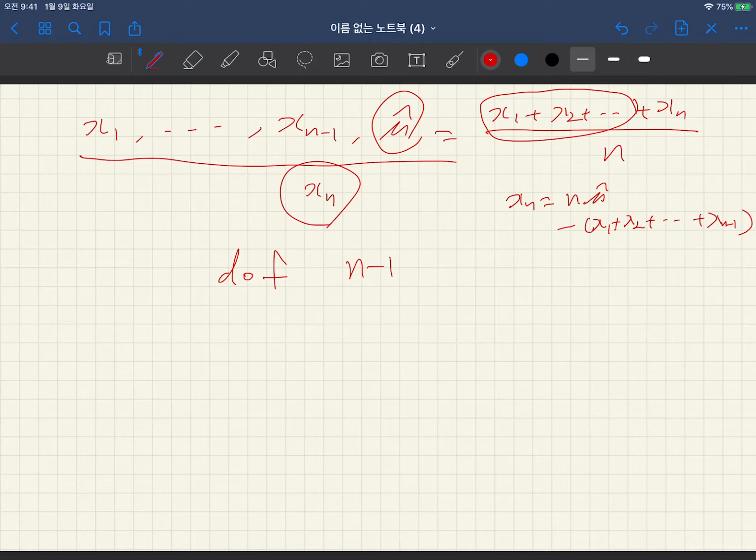Okay, so a degree of freedom of n-1 means essentially that among the random variables xi minus mu hat, one of them is determined by the others. So when you estimate sigma square, you just need to normalize with n-1. Okay, so this is the basic relation between degree of freedom and the normalization constant when you obtain sigma square.